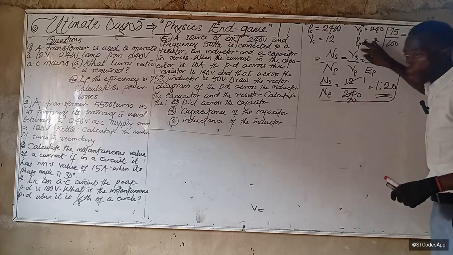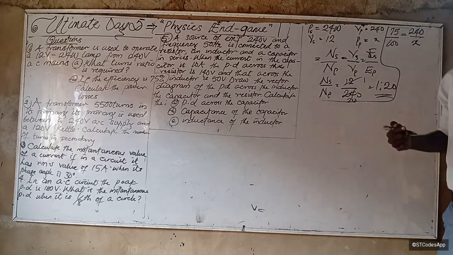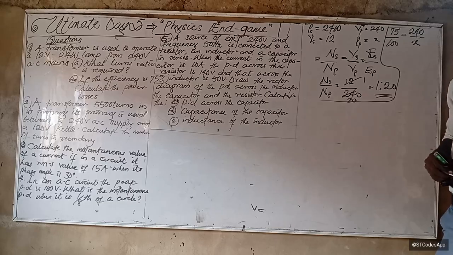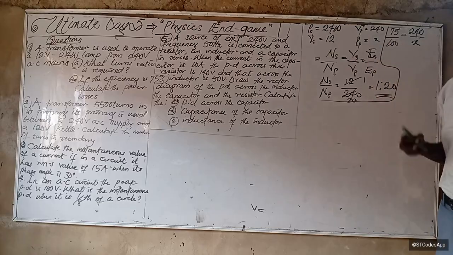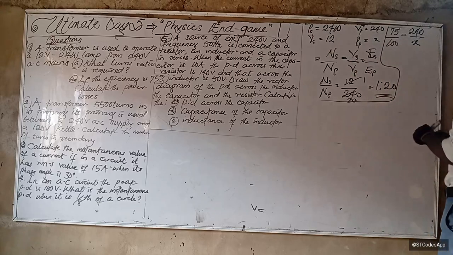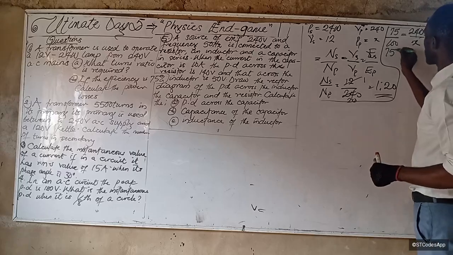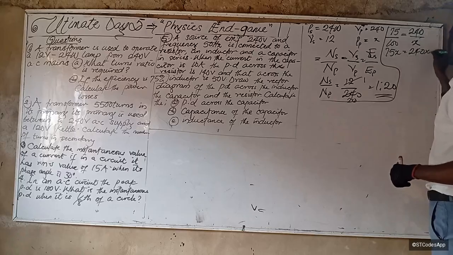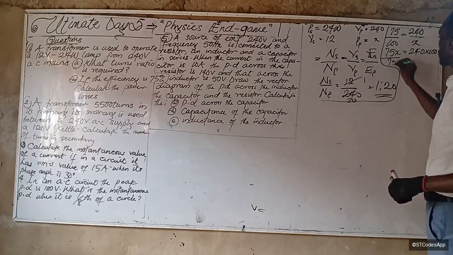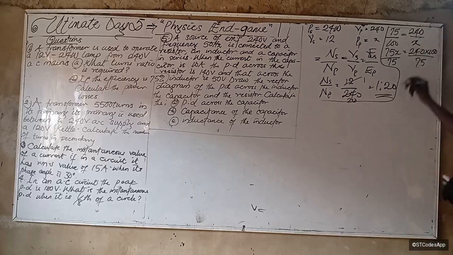Power in the primary coil is the power input, and power in the secondary coil is the power output. So we have 24 over x, so 75x is equal to 24 times 100.